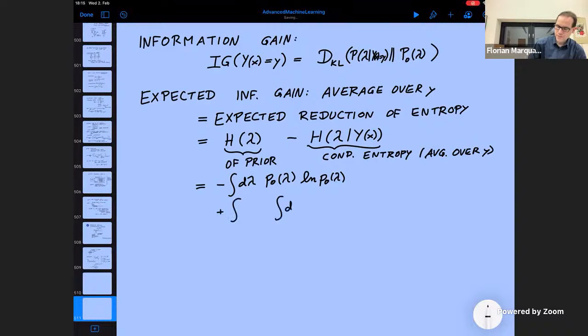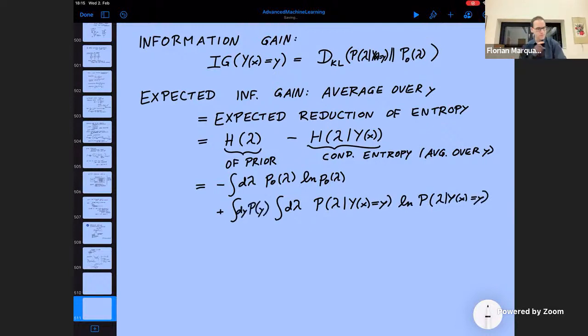I would have the entropy for the conditional distribution, so the posterior, given that I have measured a certain value. And then I still average over all possible values. Okay. And then you can work this out.